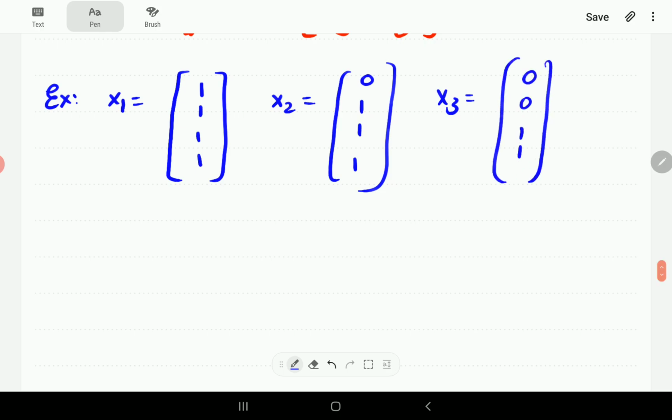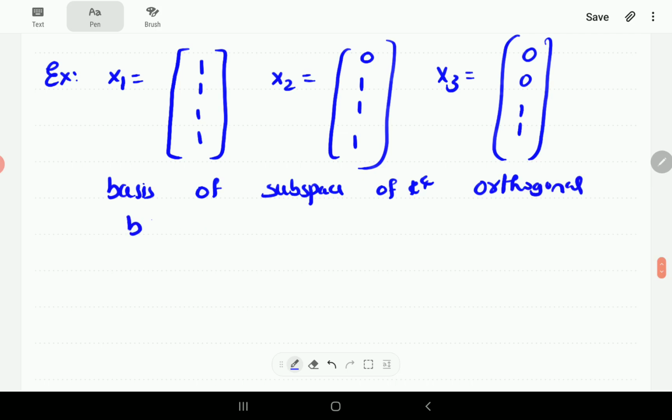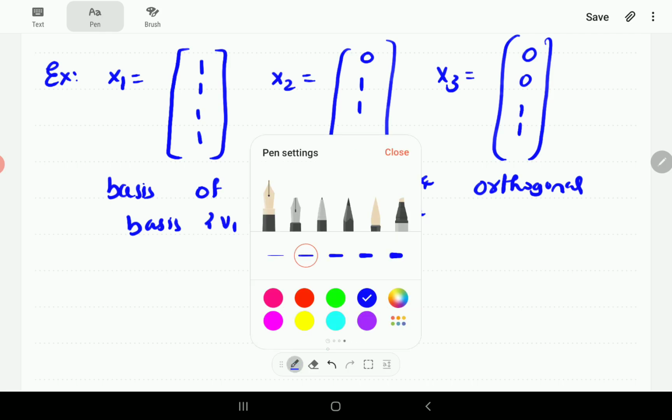These x1, x2, x3 are clearly a basis for a subspace of R4. Now we have to find the orthogonal basis, say, v1, v2, v3 of R4. So let us start the procedure.